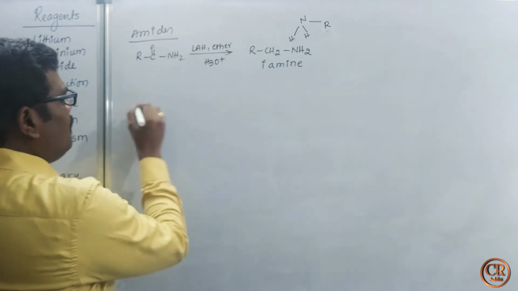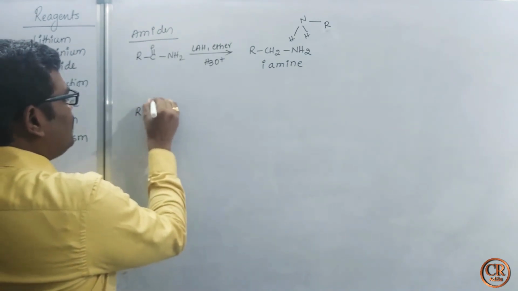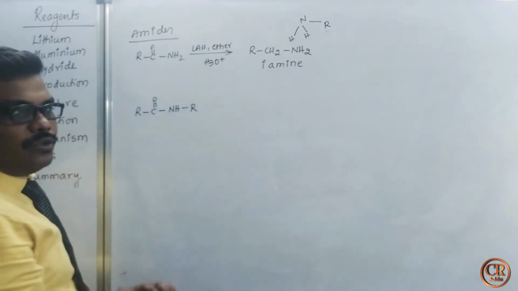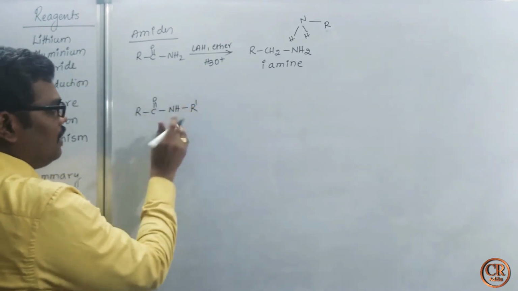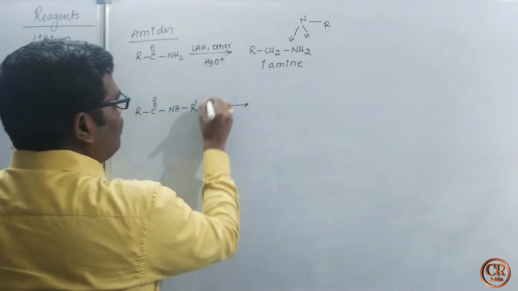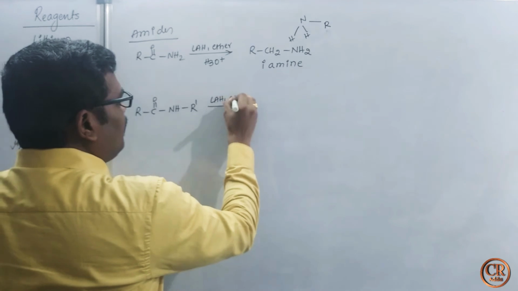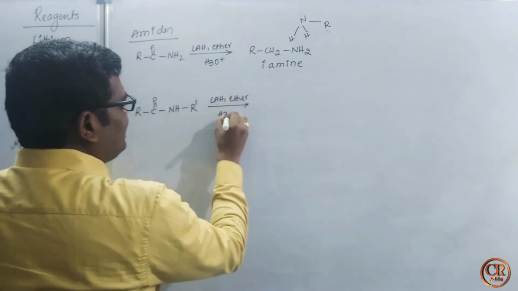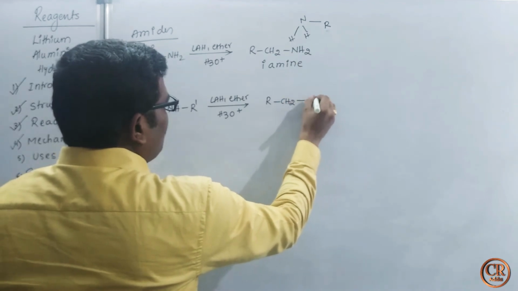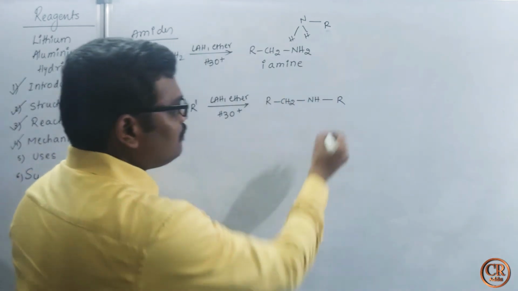Whenever lithium aluminum hydride reacts with substituted amide, see, this is a substituted amide. Here R and this R' may be same or different. Whenever it reacts with lithium aluminum hydride in ether followed by acid hydrolysis, it gives RCH2NHR'.